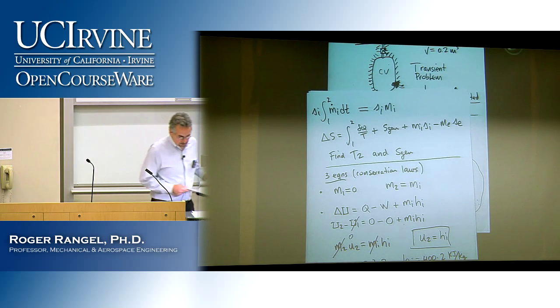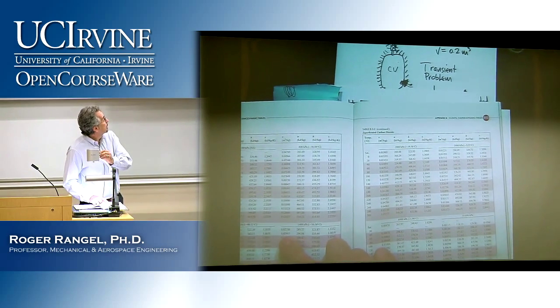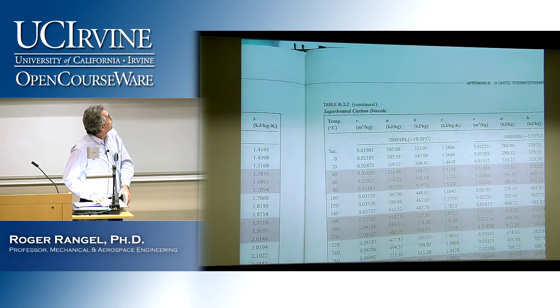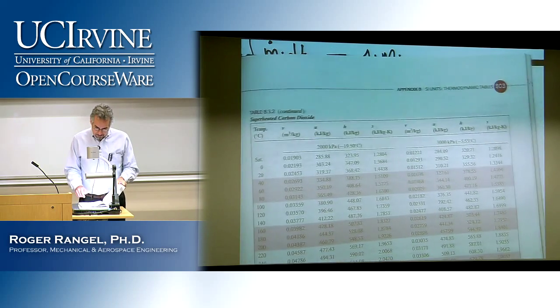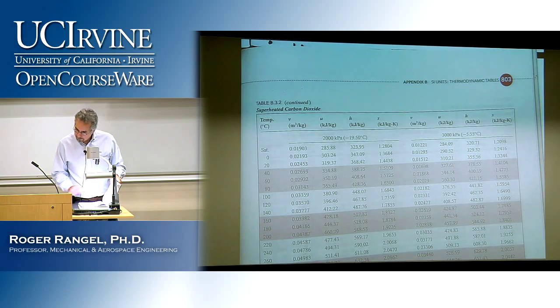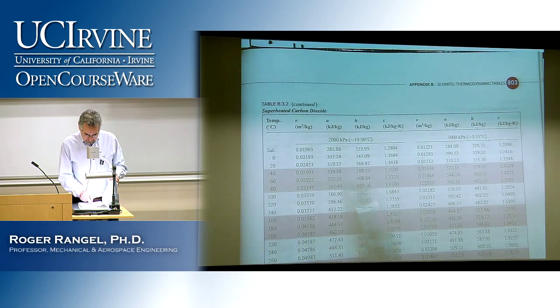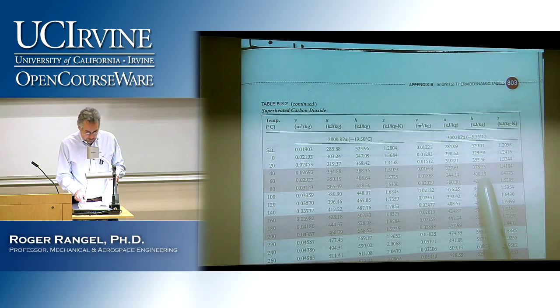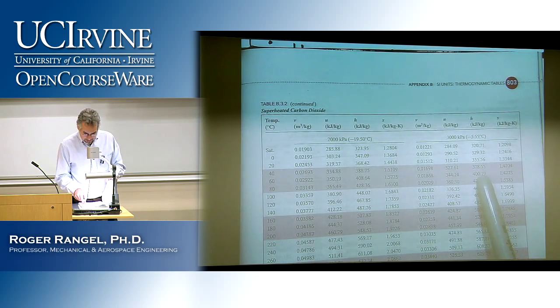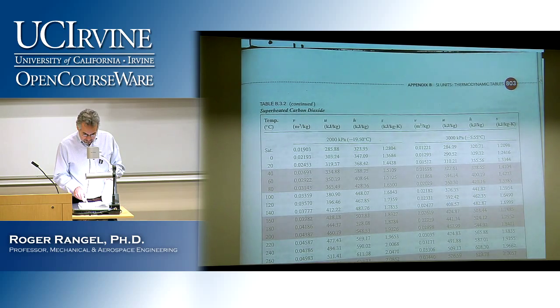So 400.2, here's the same table that I was just looking at. At 3,000 kilopascals, I read the value at 60 Celsius. That's what I read the h of, 400.19. All I need to do is find that number, but in the column of u.